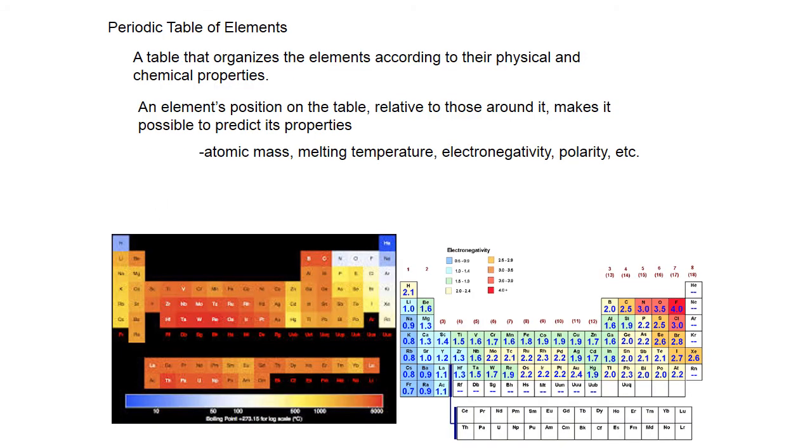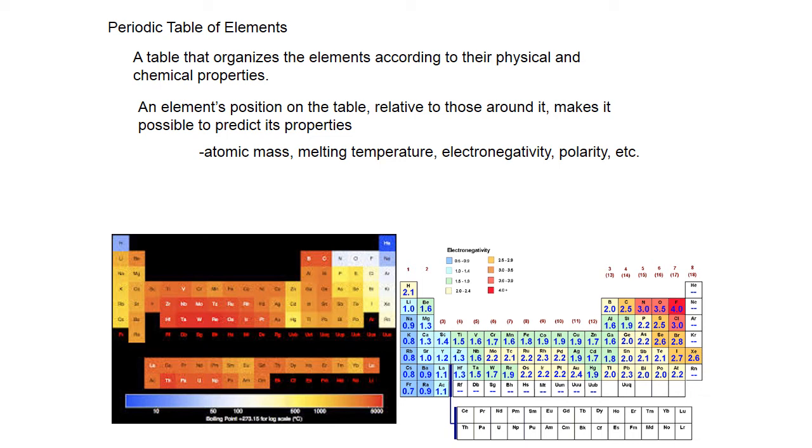If you look at a periodic table, specifically the atomic numbers, you'll immediately notice a pattern. You may also notice a similar pattern emerge for atomic mass. A periodic table is a chart that organizes the elements according to their physical and chemical properties. So these patterns emerge for almost any property that you look at, though the different properties don't all follow the same pattern.